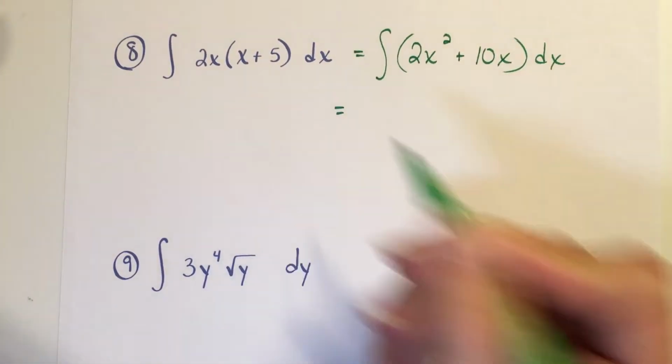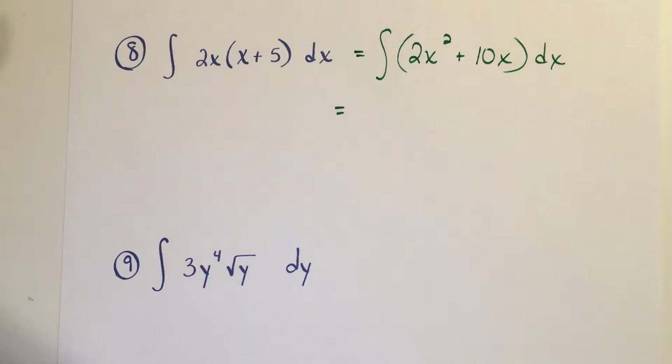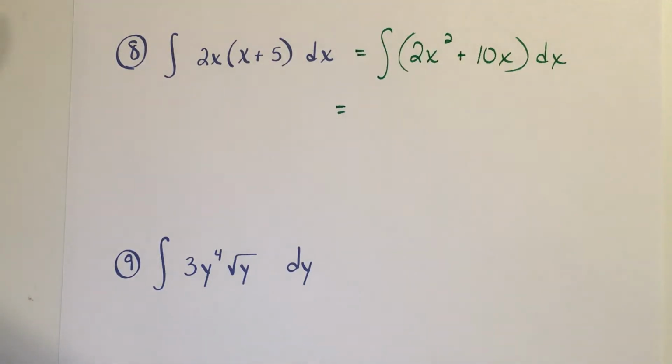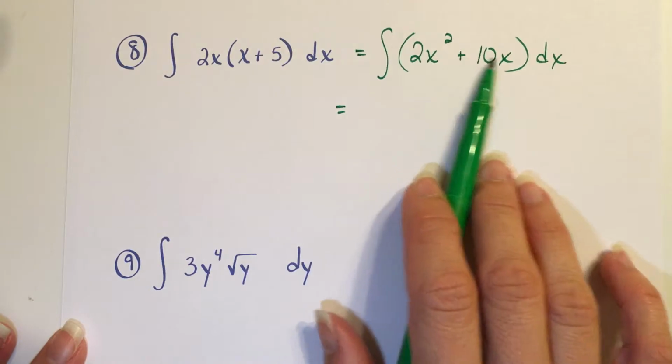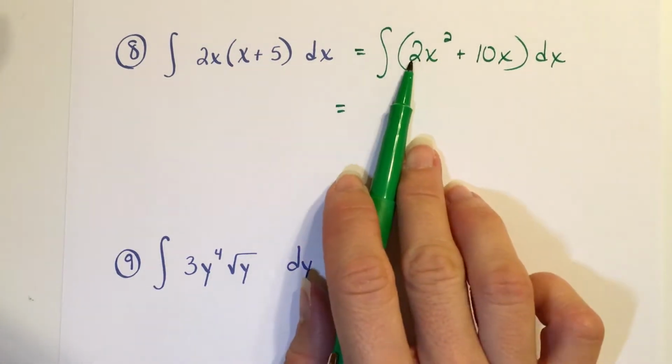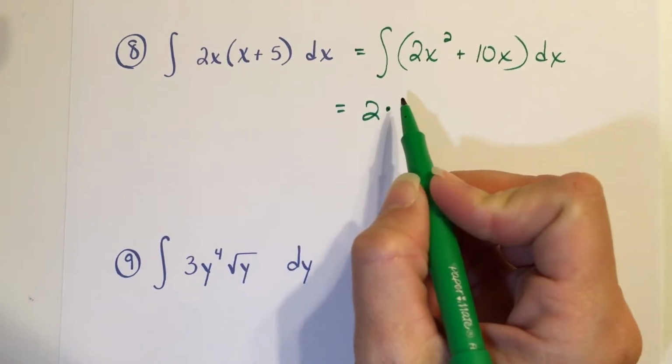And at this point, this is just like what we were doing just a few minutes ago. You are allowed to integrate these terms individually. Now, as I told you, you don't have to actually rewrite it and show me the integral of this plus the integral of this. That's just something that you can do in your head. All right, the 2 is a constant multiple.